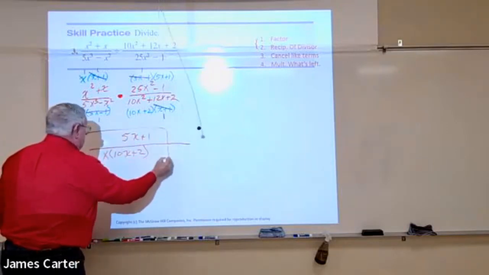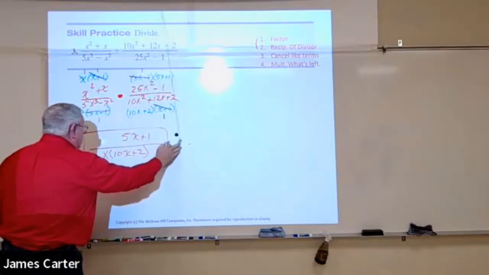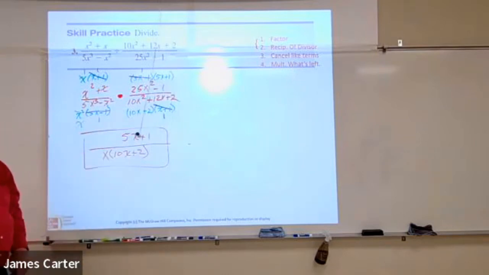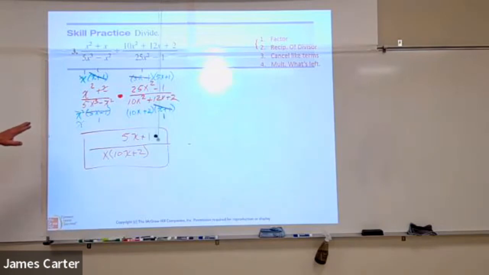And you can leave the answer like that. You don't have to multiply that out, especially if it says factor completely. Any questions on this one? Any uncertainties? Want to know what I did, why I did, how I did?